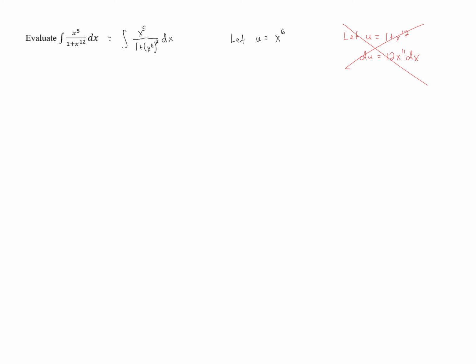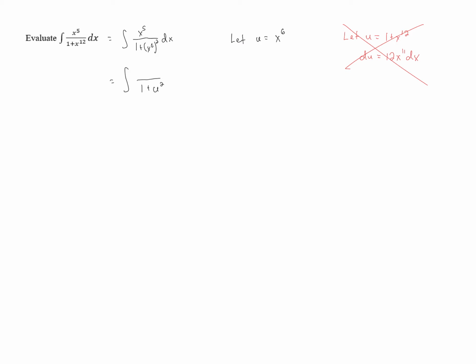And if we make this substitution where u equals x to the 6th, the denominator is going to be 1 plus u squared, which we've seen with integrals before.